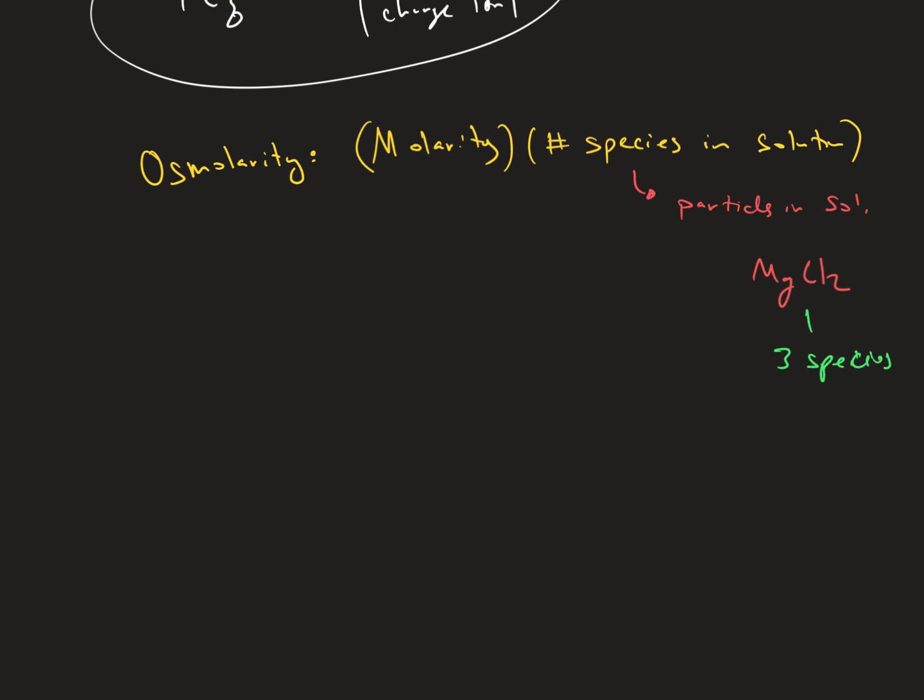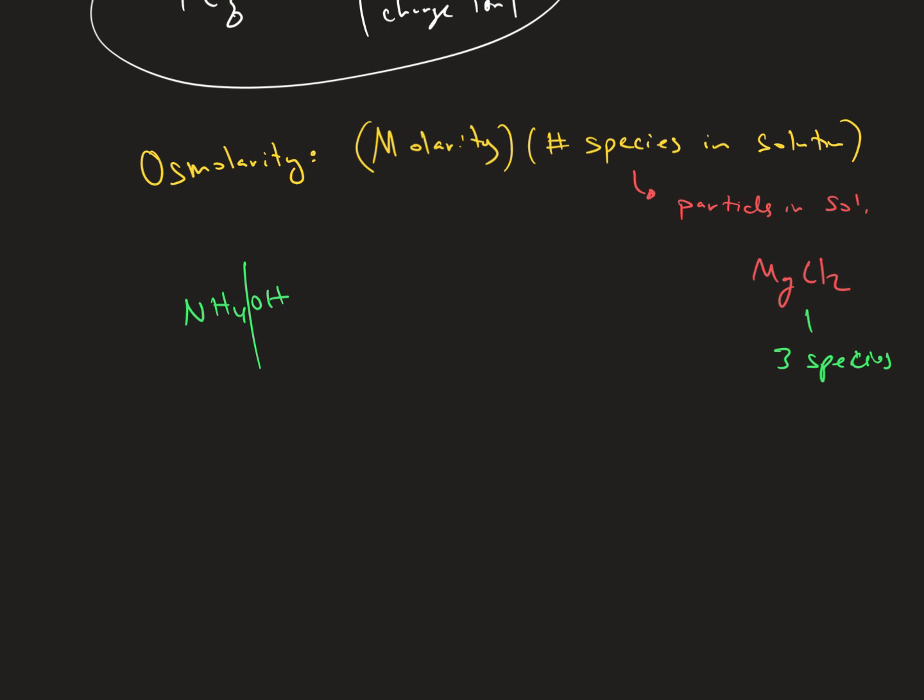How many species does NH4OH have? 2. Right, ammonium is 1 plus, hydroxide is 1 minus. It's a 1-to-1 ratio. There's just 2 species. You with me?